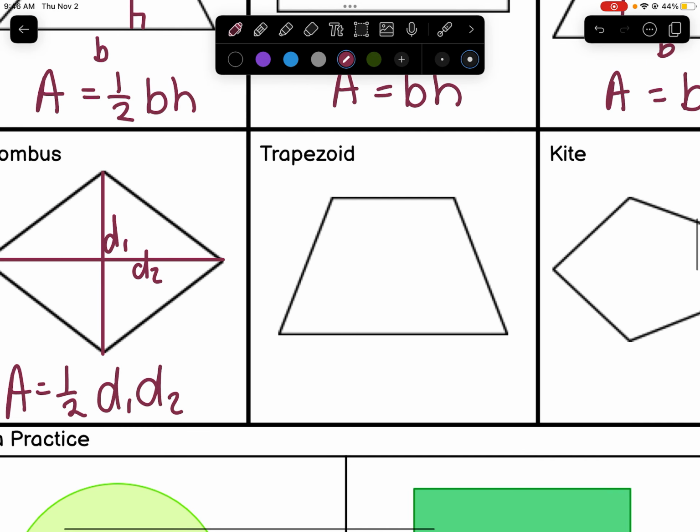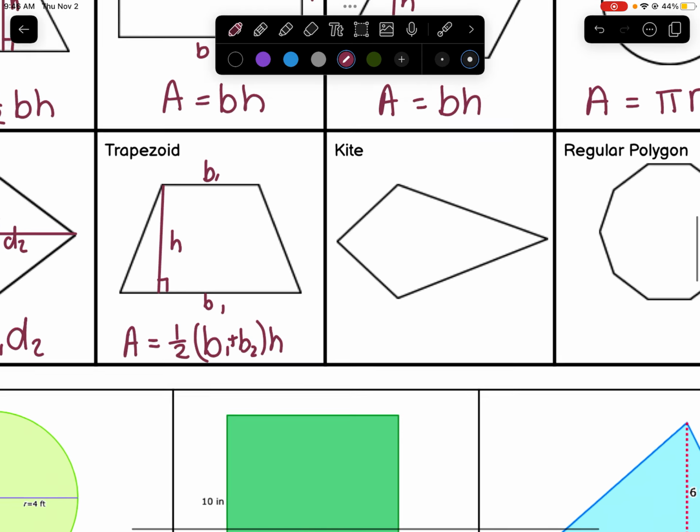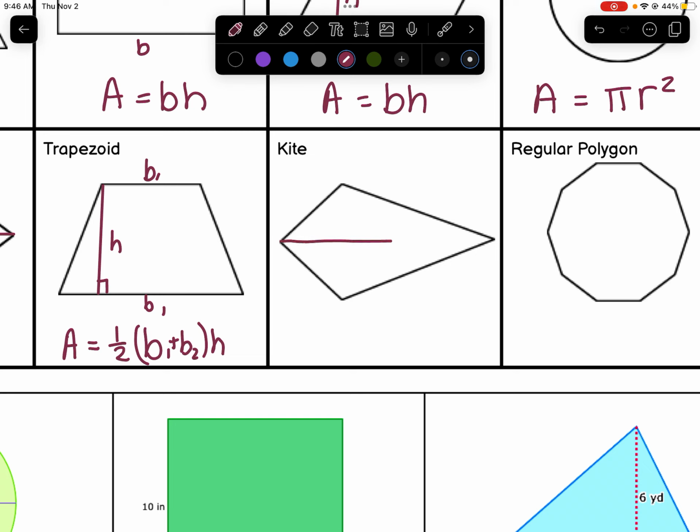Area of a trapezoid is 1/2 base 1 plus base 2. It's our only area formula that requires us to add times the height.